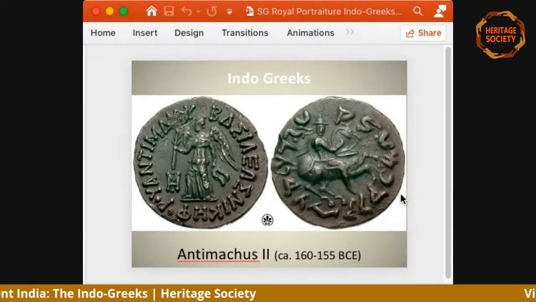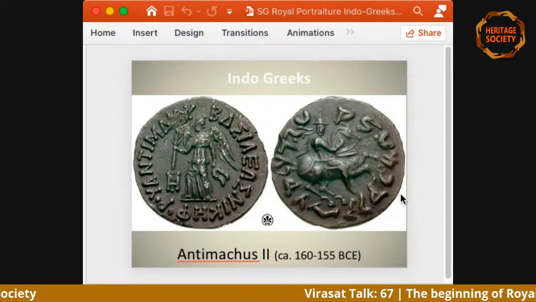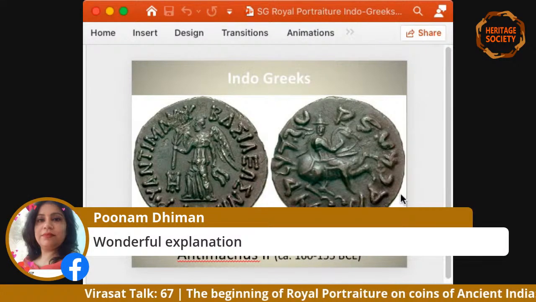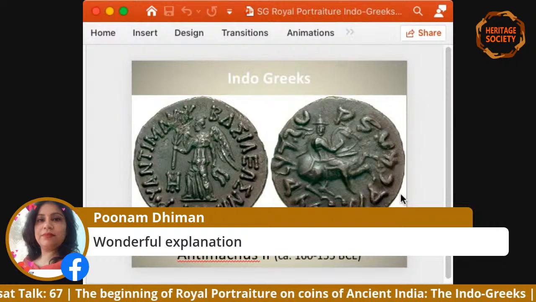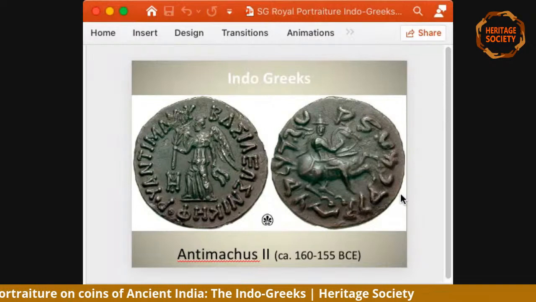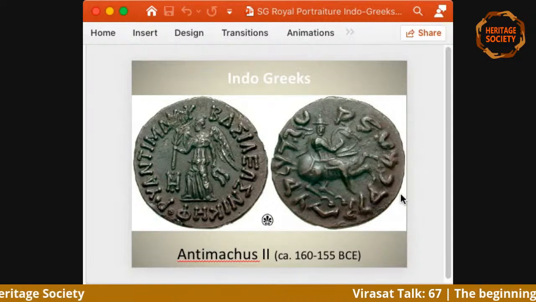Antimachus II, from here we definitely say that the transition from the Greco-Bactrians to the Indo-Greeks was complete, because he was the first ruler who ruled beyond the Hindu Kush ranges, and most of his coins are found in this area.